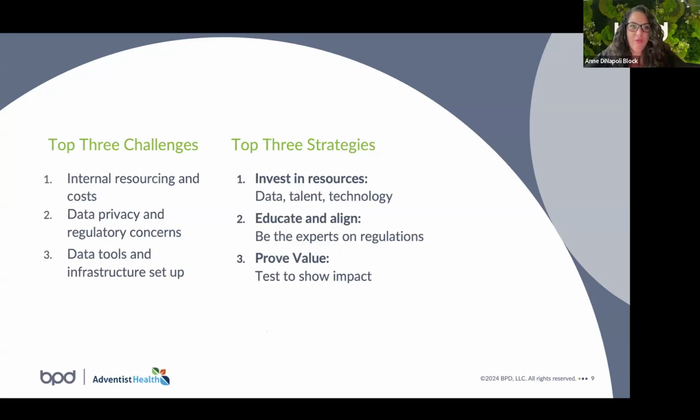I think what we recommend is looking at small use cases, the ability to maybe start with one small campaign and show some value over time. And that can really create a groundswell within your system where folks will want to rally around you to be able to make more success out of this type of strategy. So testing to show impact is a great way to overcome that challenge.